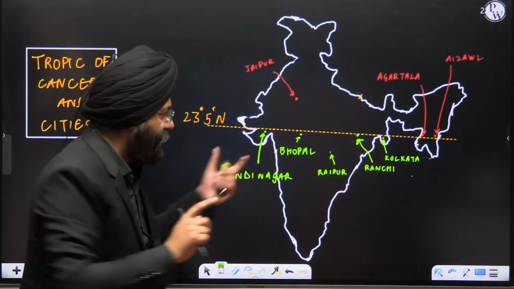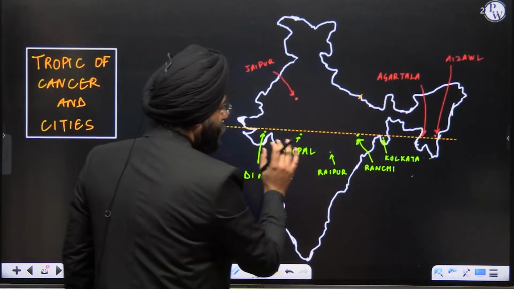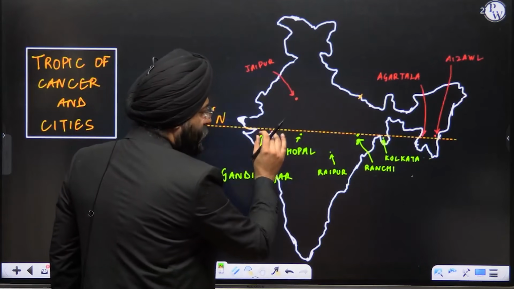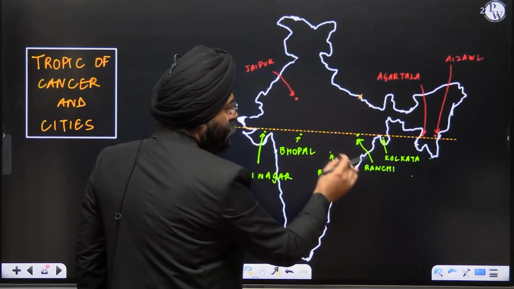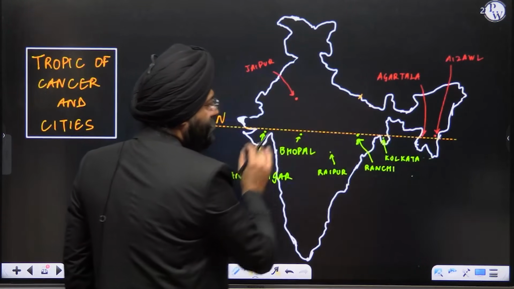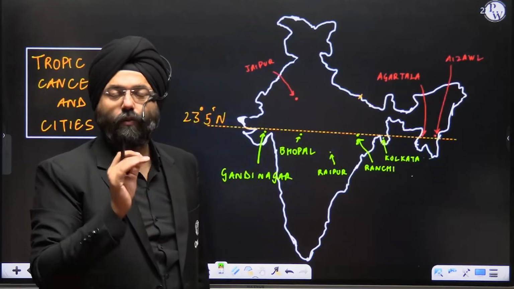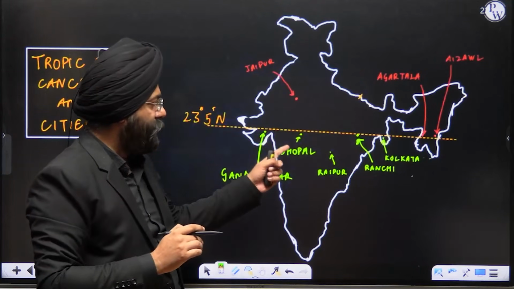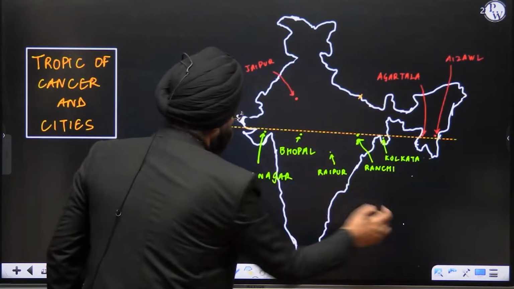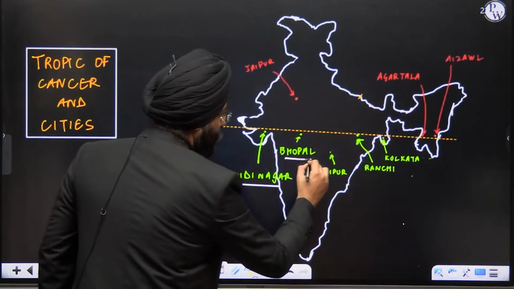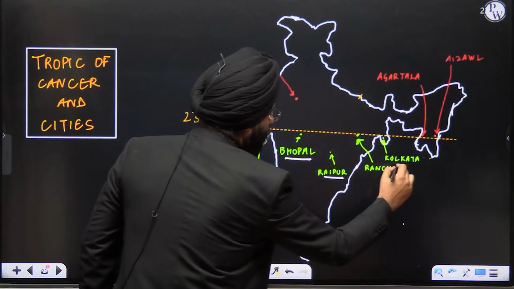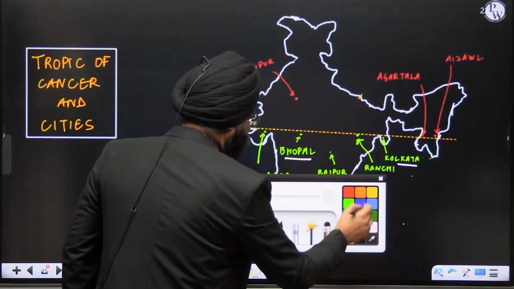So when we analyze this, do you realize one thing? Gandhinagar, Bhopal, Raipur, and Kolkata all lie south of the Tropic of Cancer. So what is the uniqueness over here?